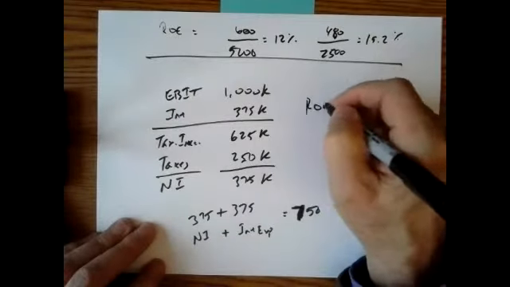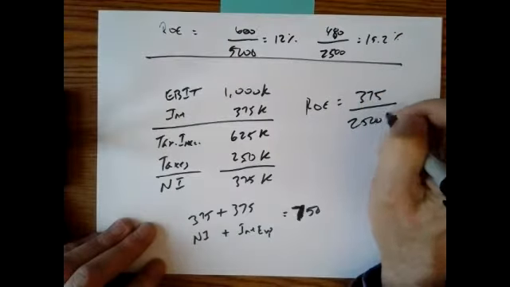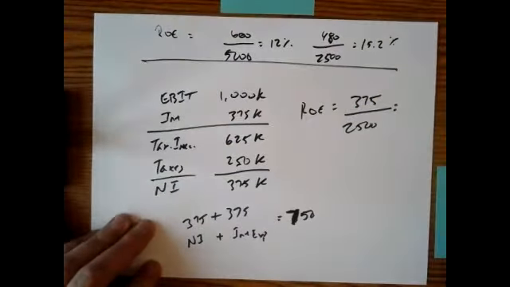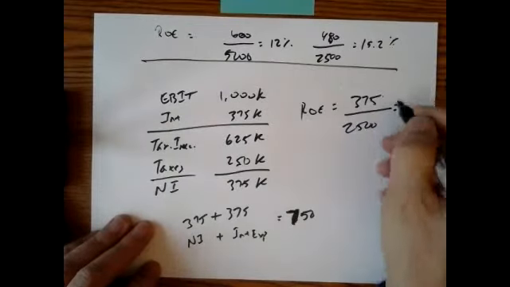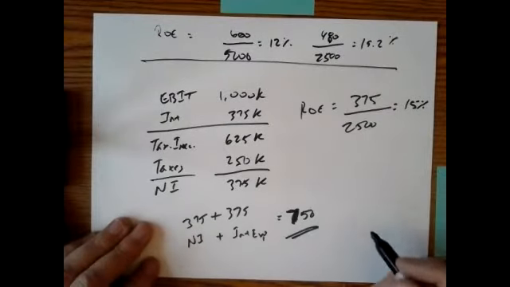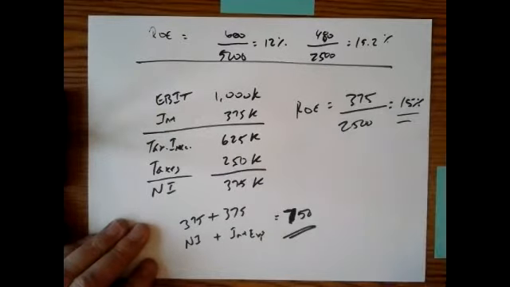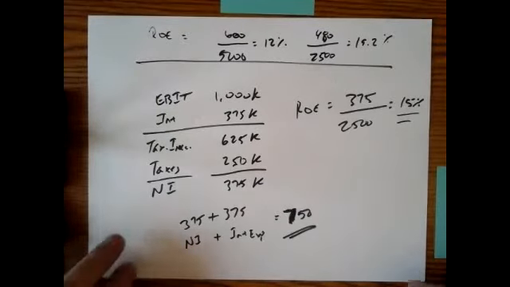The ROE, however, is 375 divided by 2,500, right? 375 divided by 2,500 gives us 15% ROE. So we have a higher total return to investors, but a lower ROE to our common stockholders.